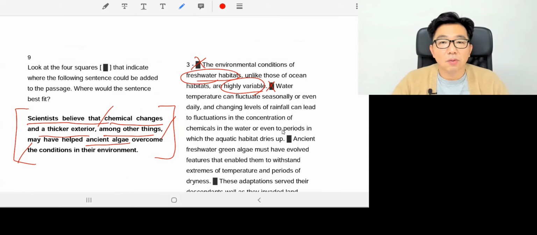All right, so it doesn't seem to be 3, because maybe scientists believe that chemical changes and thicker exterior, okay, because changing levels of rainfall can lead to fluctuation of chemicals. So they changed chemicals and thicker exterior.